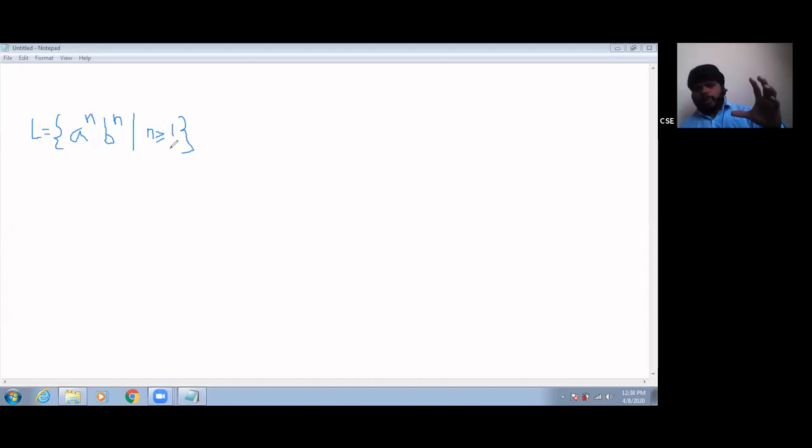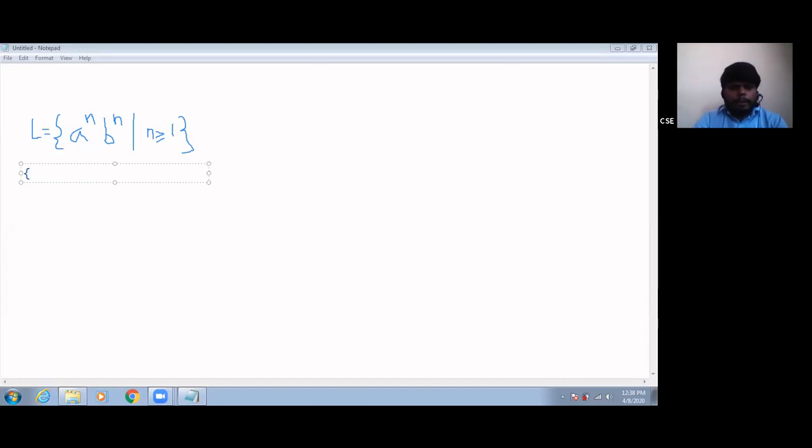But at this point of time, just concentrate on this problem: a to the power of n and b to the power of n. What are the possible strings? We have already solved this many times.